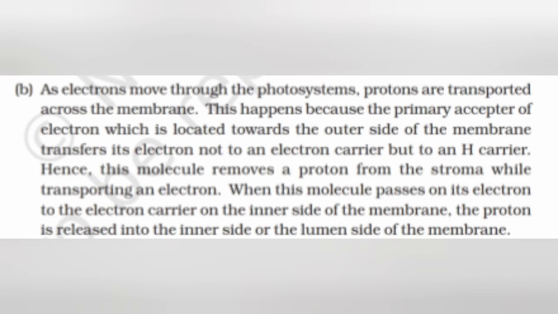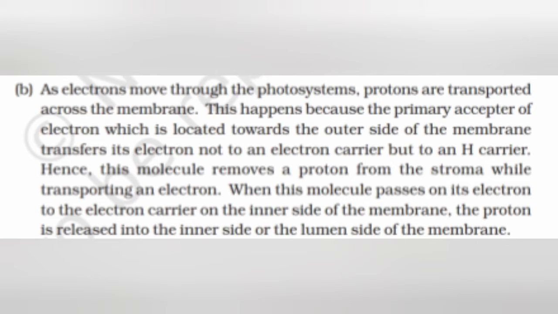Second, as electrons move from the photosystems, protons are transported across the membrane. This happens because the primary acceptor of electron is located towards the outside of the membrane. It transfers its electrons not to the electron carrier but to a hydrogen carrier.